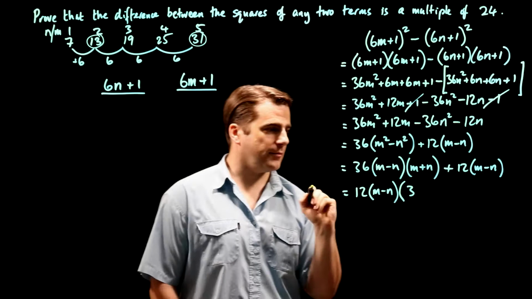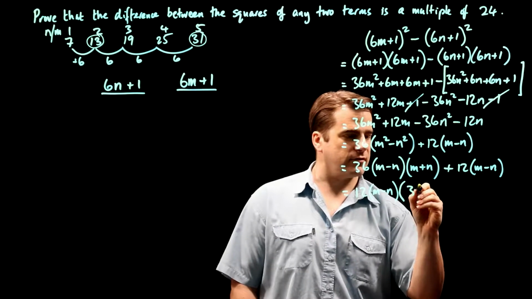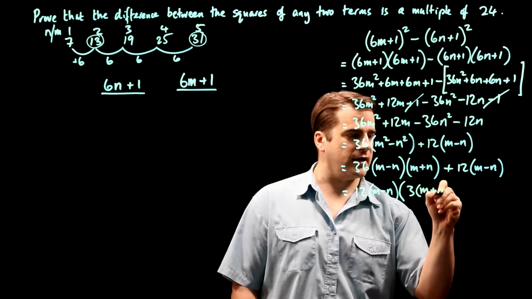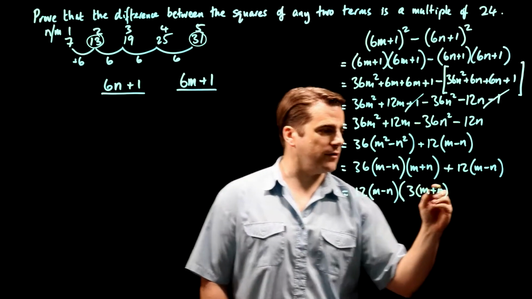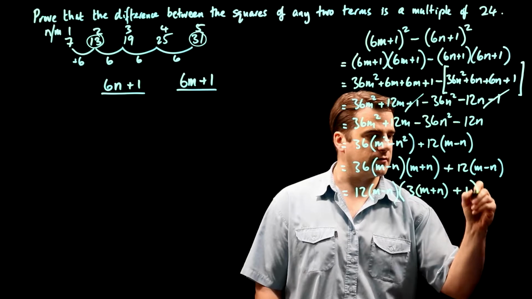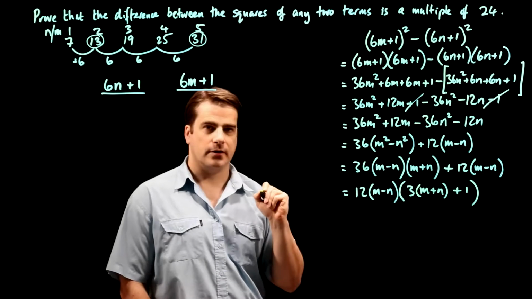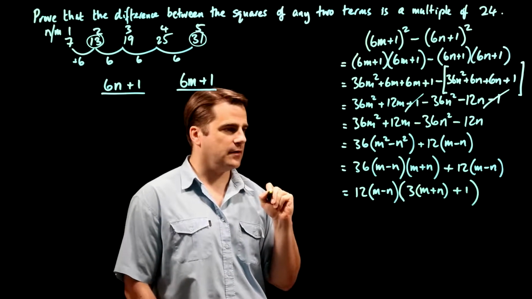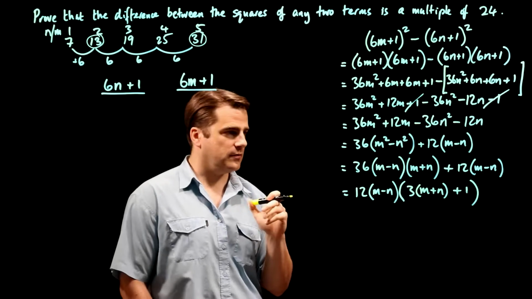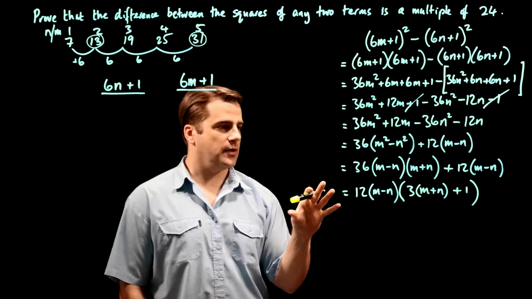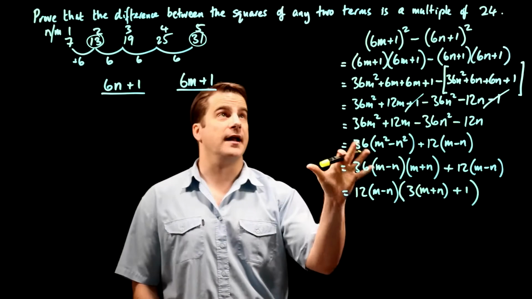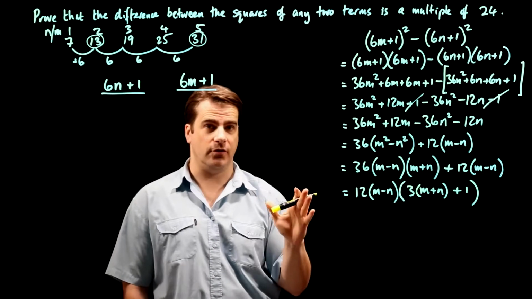But it's also multiplied by m plus n. So it's 3 times m plus n. Okay? And 12 m minus n goes into 12 m minus n once. Okay? Good. I think that's as far as we can go. Or at least we can work with this and prove that that's a multiple of 24.